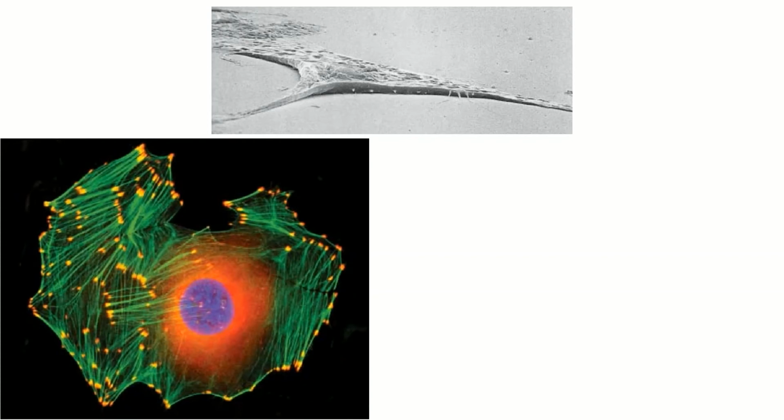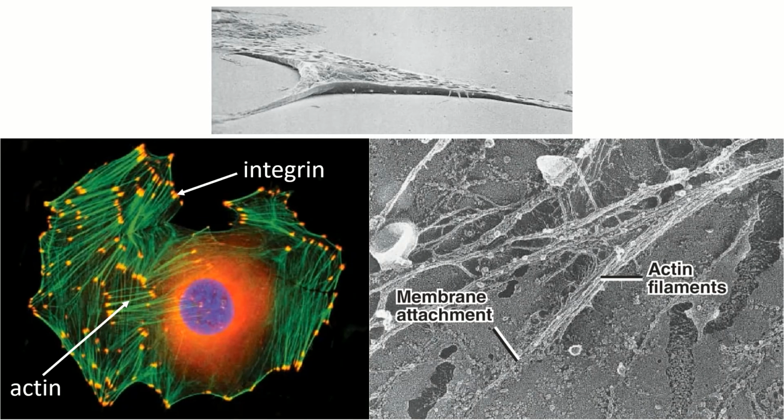And the green lines that you see here connected to those orange points are actually actin fibers. And they are the ones that are providing strength with the holding onto the surface. Okay, so we can see here in this even greater magnification of electron micrograph how the actin filaments are actually connected onto the membrane of the cell from the inside.